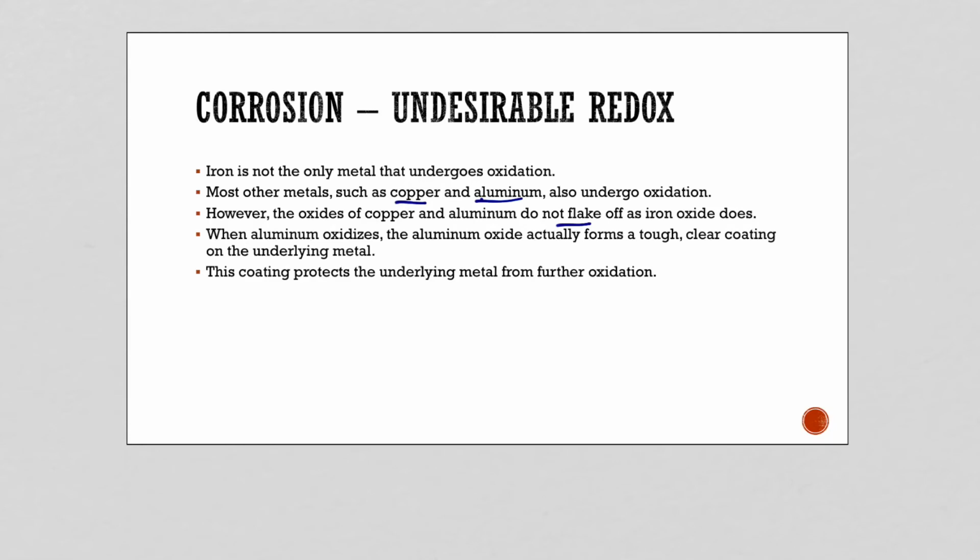Same thing with copper. It gets its nice bluish, greenish color on top of it. It forms its protective corrosion product. And so it will corrode and will oxidize, but only to a point. And then it is self-protected, if you will.